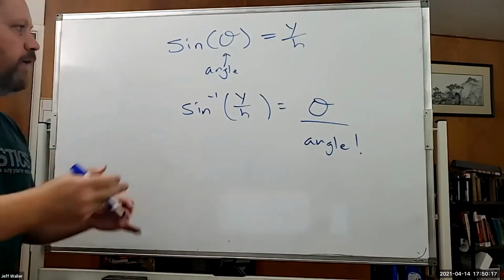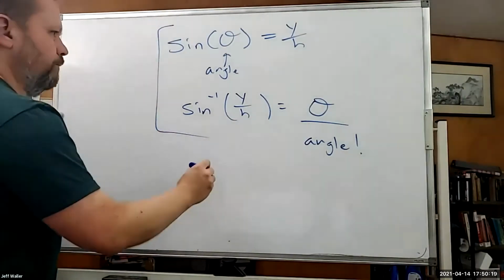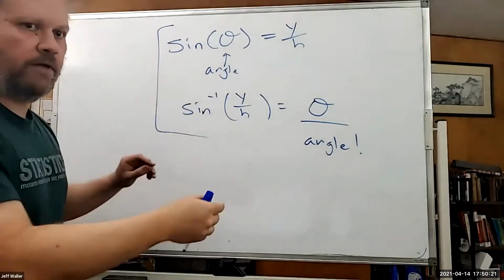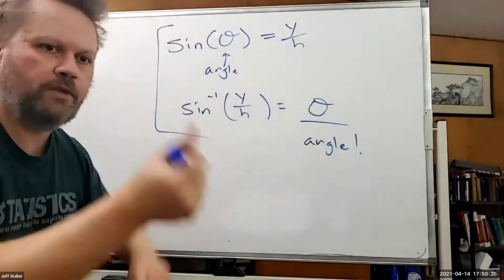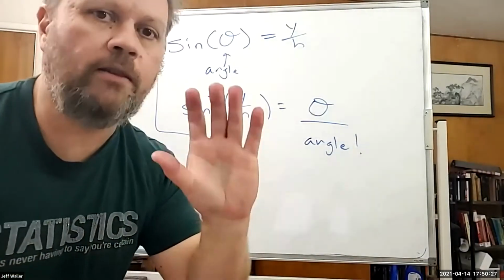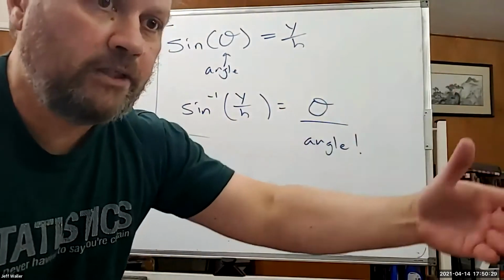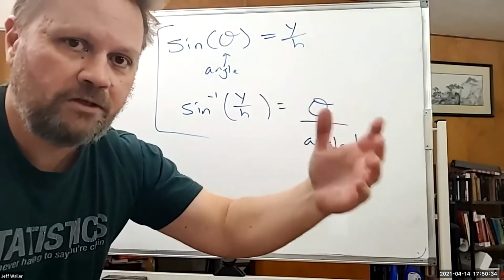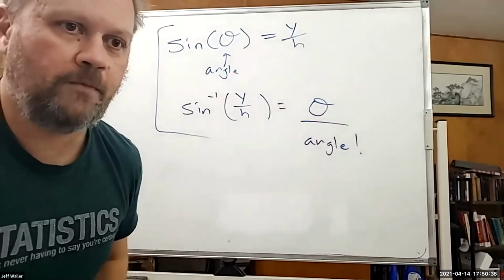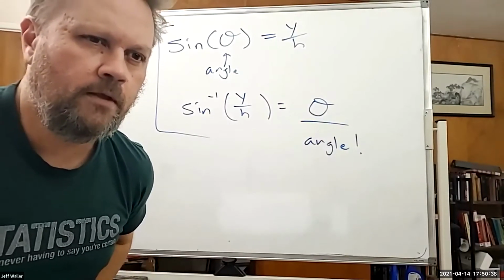That is true for any inverse function: the input for the function is the output for the inverse. That's why logarithms are equal to exponents, because exponents are the input of the original function.